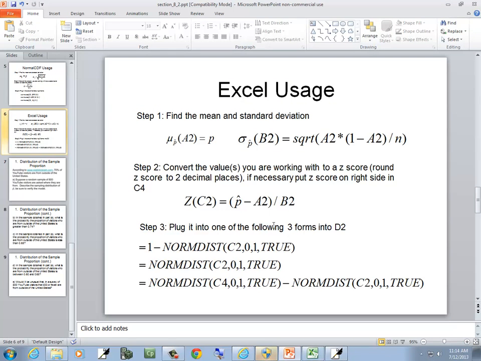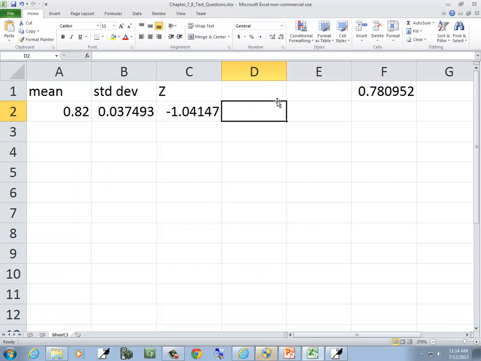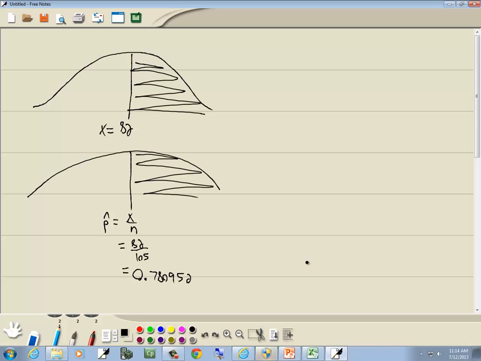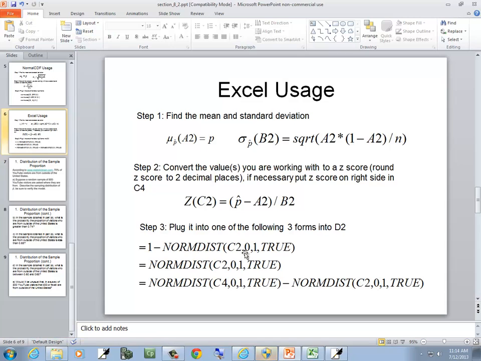Okay, and now plug in one of the following 3 forms into D2. So this is going to give us our probability. Again, it takes me a little while to think about Excel. Okay, this is where it's greater than, where it's shaded to the right. Our second one is where it's less than, and this is where it's between. Well, we said from our picture we're looking shaded to the right. So that's going to be this first one.